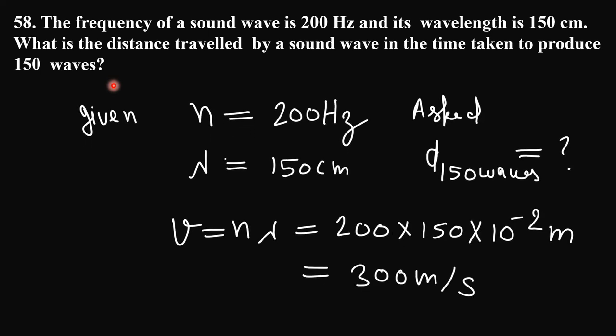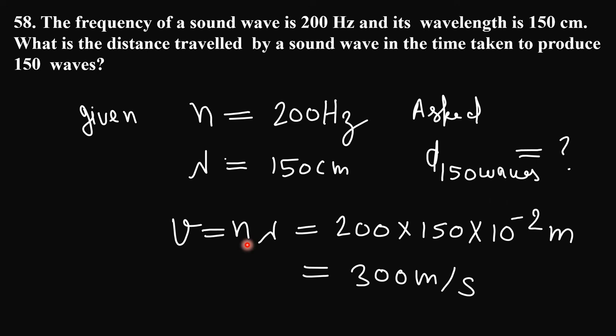So now do the solution. Frequency is given in the question, lambda is given in the question, and you have to calculate the distance traveled by the wave after the completion of 150 waves.